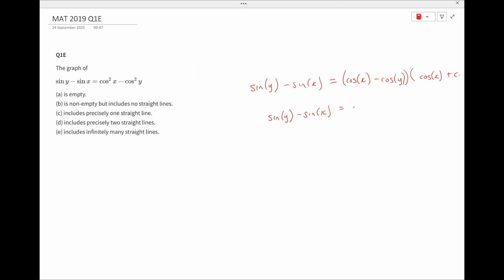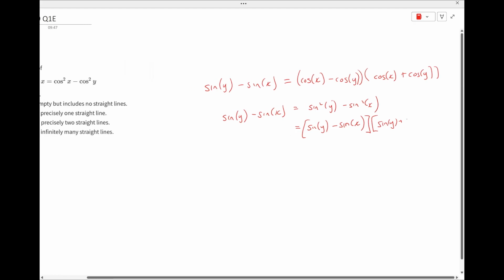And then you end up with sine squared y minus sine squared x, which then again we can use difference of squares to get sine y minus, sorry, I've written cos there, I meant to write sine y minus sine x, and I should have written x, not y, sorry, don't record videos at night, times by sine y plus sine x.